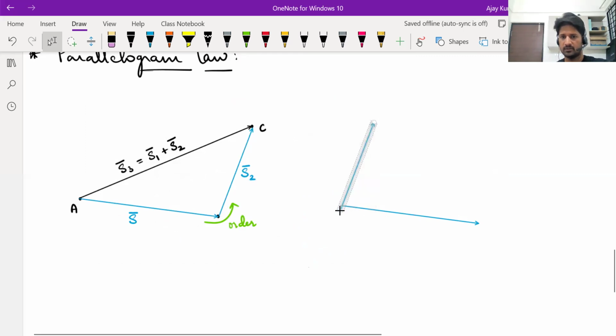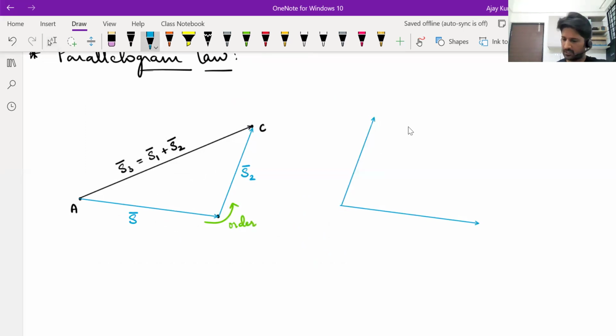Both of them should have tails at the same position. So basically, this was one displacement S1, and this was another displacement S2. Now they are not in order because the tail of one is not at the head of the other. But you imagine these as two sides of a parallelogram.